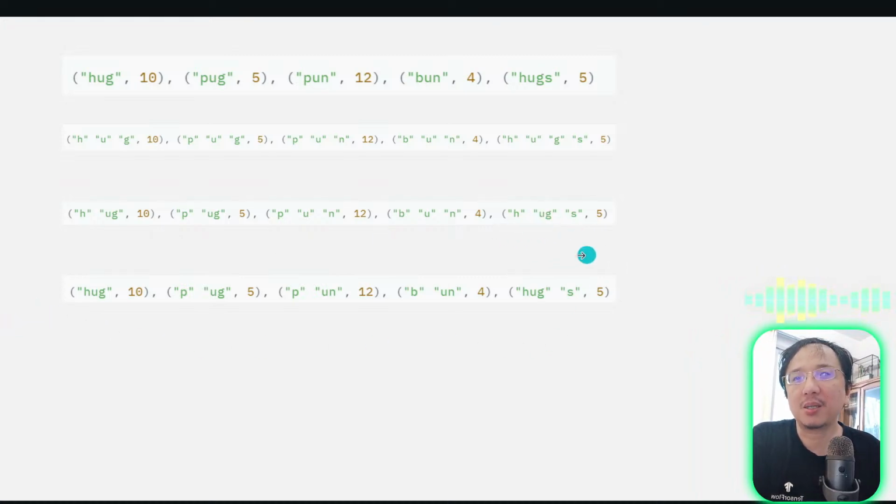After these 3 tokens are added into the dictionary, we can encode the original text into this new form. HUG, because it is a single token, has 10 times, and HUGS 5 times. We also have UG here and UN here.